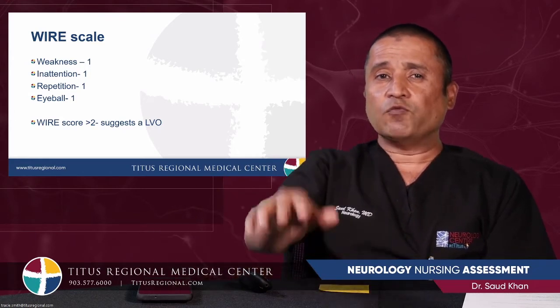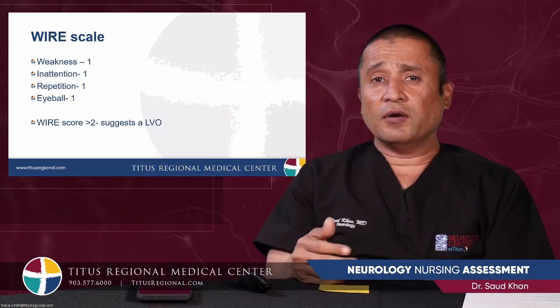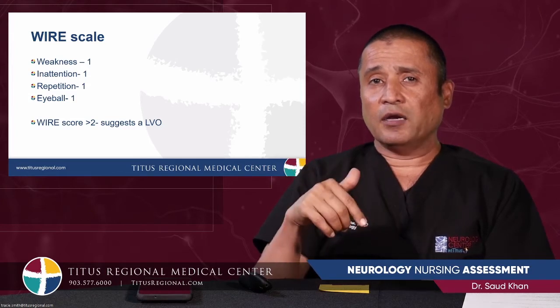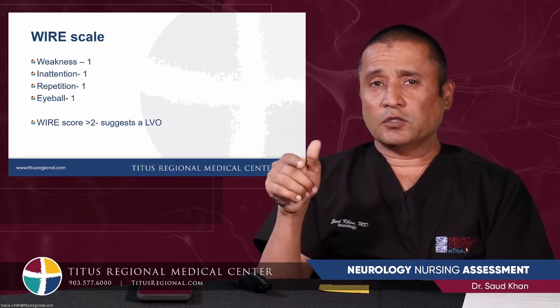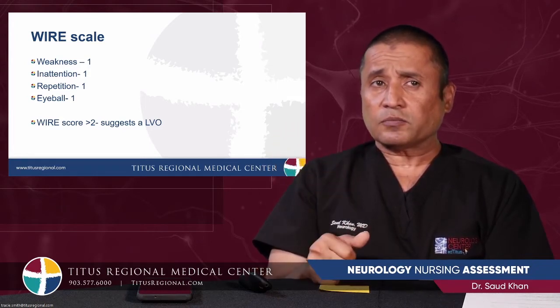So if the person is weak in the arms or legs, then we are checking the circuit involving the corticospinal tract from the motor cortex to the whole involvement of the extremity.